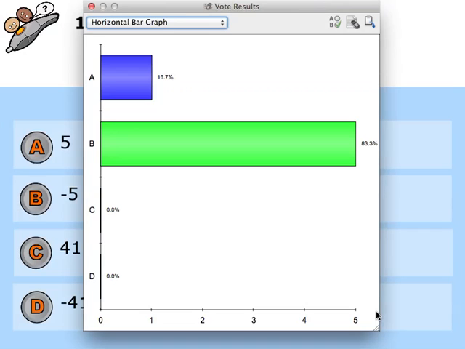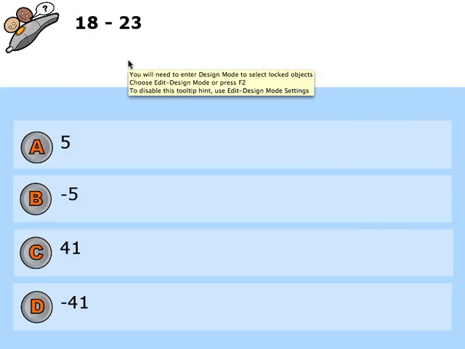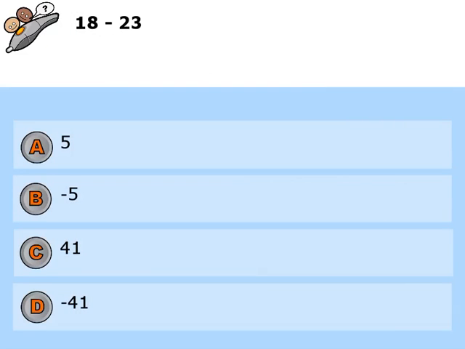Nice job. The reason why it's negative is because 23 is bigger than 18. If you have $18 and you give away 23 of that, you're going to be in the hole. You're going to owe $5 extra.